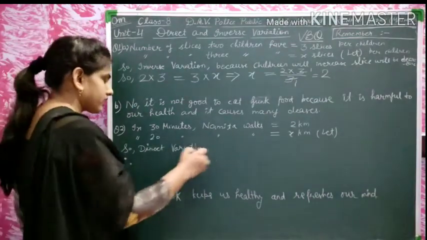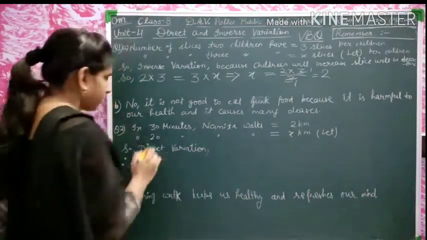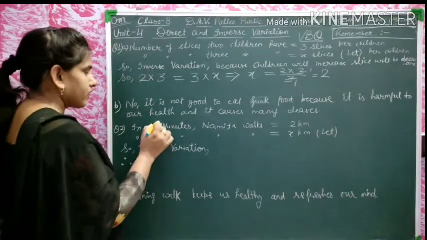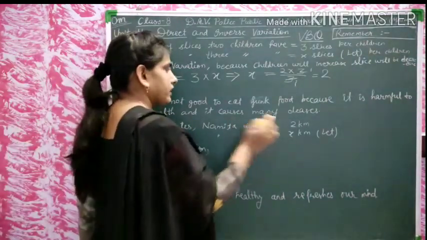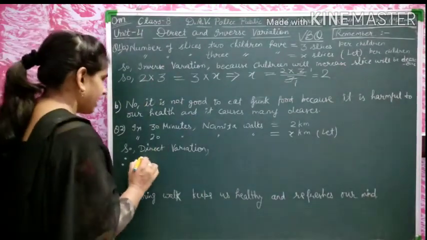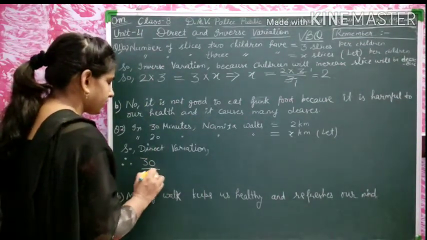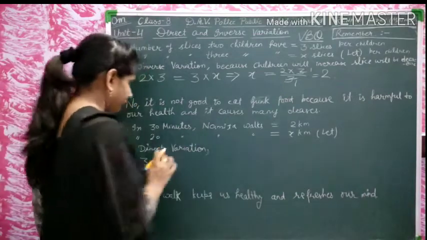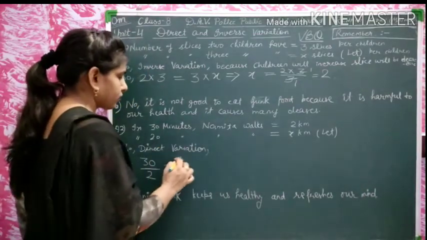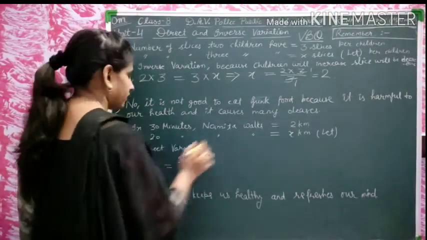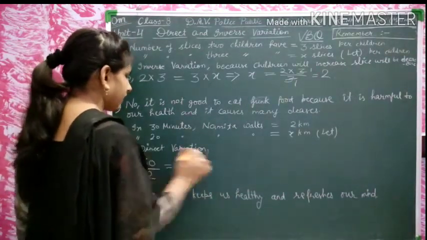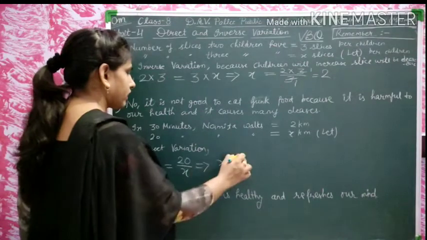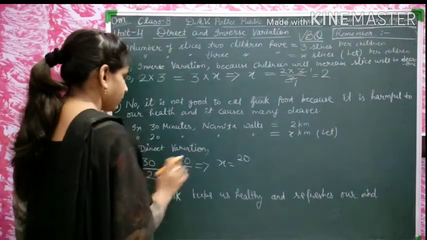Now students, for direct variation the ratio of the two quantities is constant. So the ratio of the two quantities 30 and 2 is equal to the ratio of the other two quantities, 20 by x. It implies 30 into x equals 20 into 2.